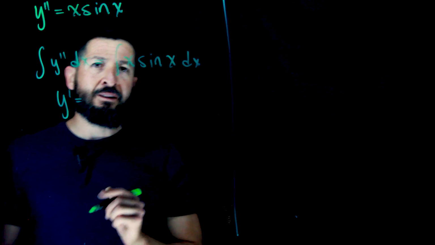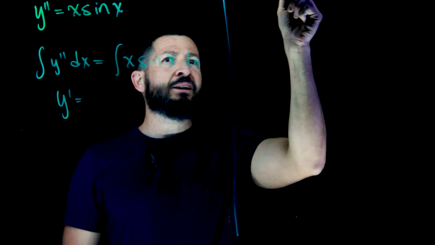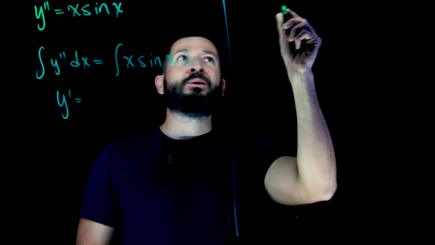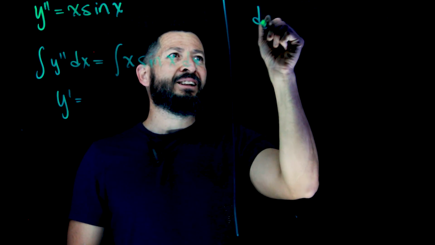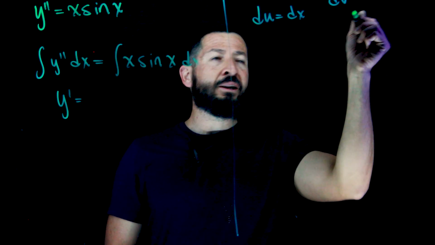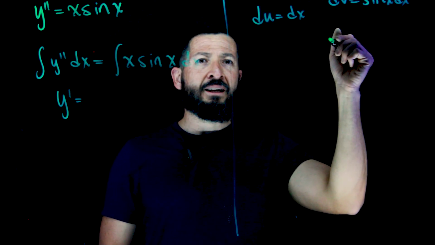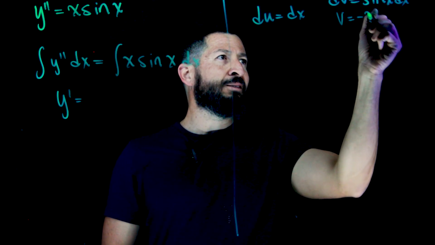Now here I need to do an integration by parts. So I'm going to do u equals x, du is dx. I'm going to write dv a little bit lower here, which is going to be the sine of x dx, and then v is going to be the negative cosine.